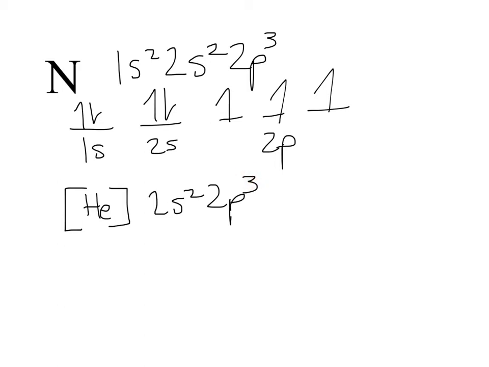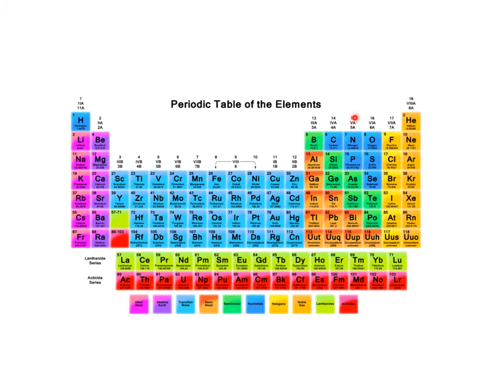Let's check it. And here's nitrogen, the Roman numeral 5 above it. So it looks like 5 valence electrons. Okay, so 5 valence electrons. And so I'm going to go ahead and put the symbol for nitrogen. I'm going to go 1, 2, 3, 4, 5. So there's the Lewis dot diagram for nitrogen.